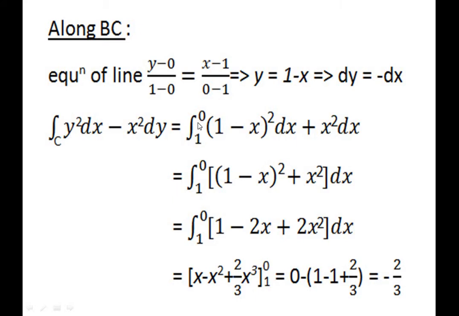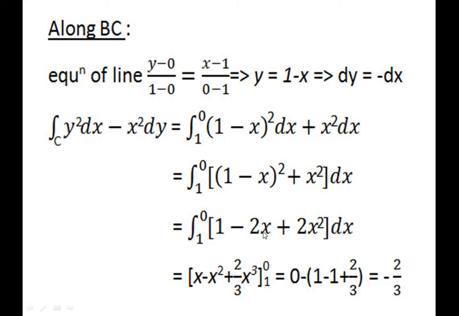So in the integral from 1 to 0, instead of y we substitute 1 minus x, giving (1 minus x) square dx, and instead of dy we substitute minus dx. Then we get the integral from 1 to 0 of (1 minus x) square dx plus x square dx. After solving, we get the integral from 1 to 0 of (1 minus 2x plus 2x square) dx.